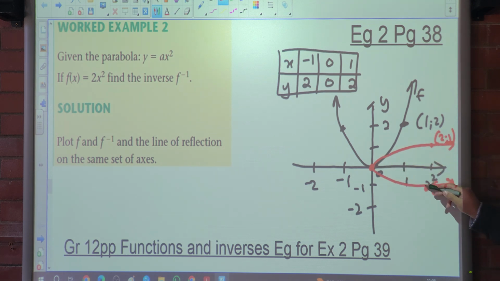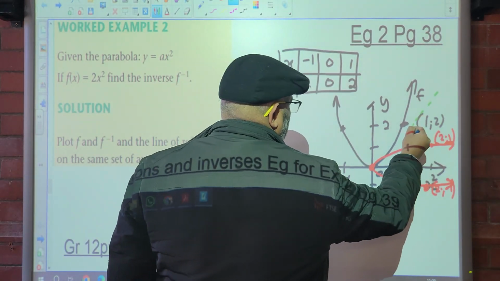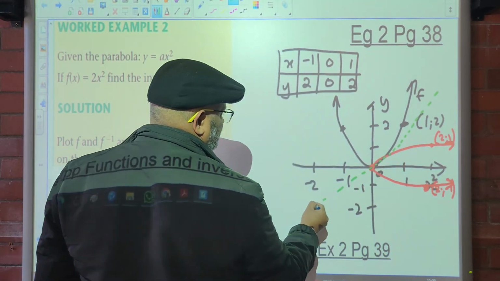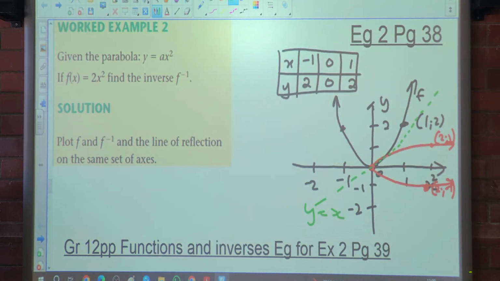Is this a function? No. Why? It does not pass the vertical line test. Can you see that, people? And this line going through here is y is equal to x. The reflected graph there.